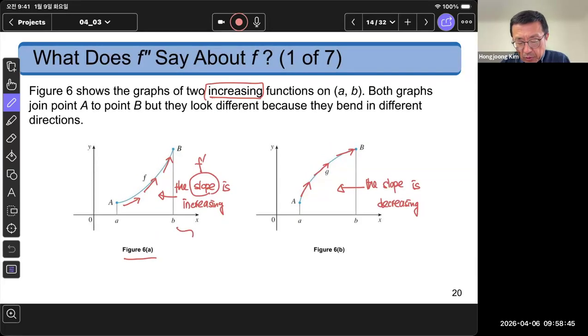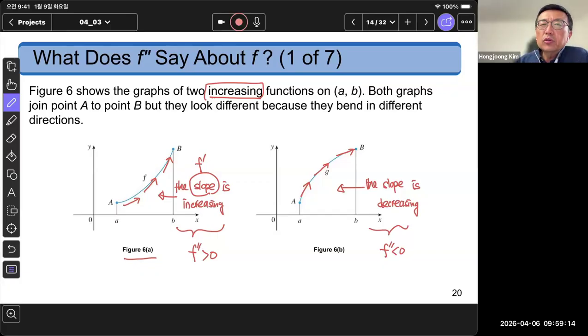So this portion implies that f double prime is positive, then your function increases as in figure 6a. If f double prime is negative, then the slope is decreasing as in figure 6b.